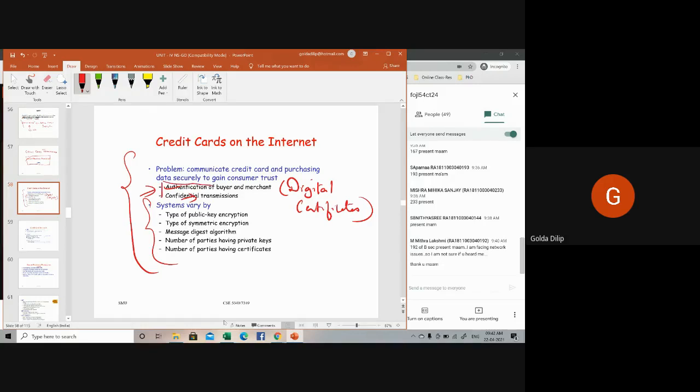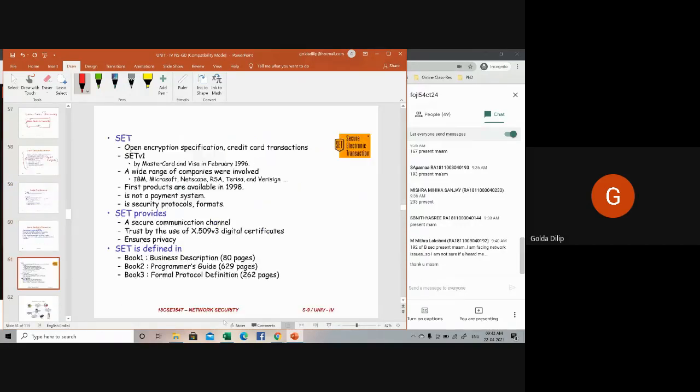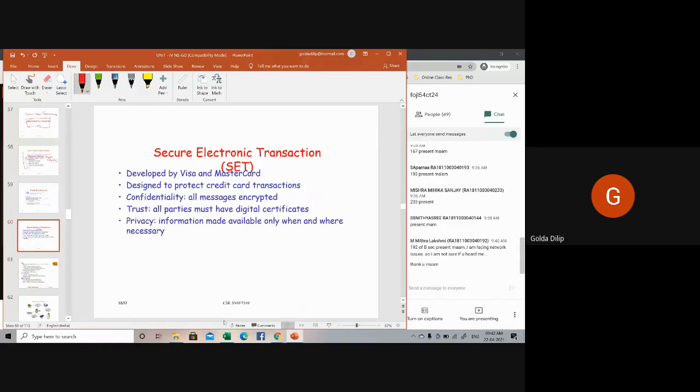So these two are the objectives of the SET protocol: authentication of buyer and seller in the various transactions using digital certificates, and confidentiality. It was developed by Visa and MasterCard, designed to protect credit card transactions: confidentiality, trust, authentication, then privacy, with information made available only when and wherever it is required.